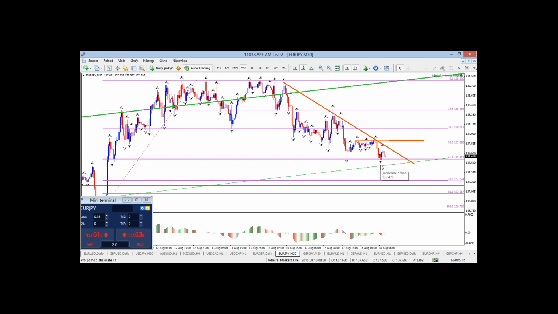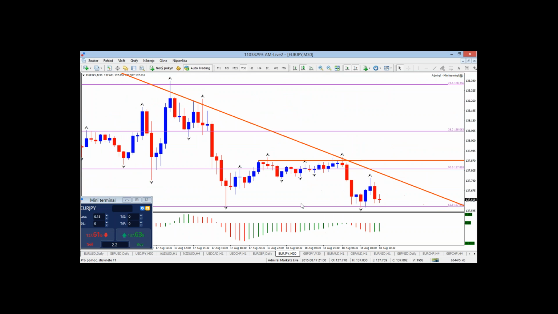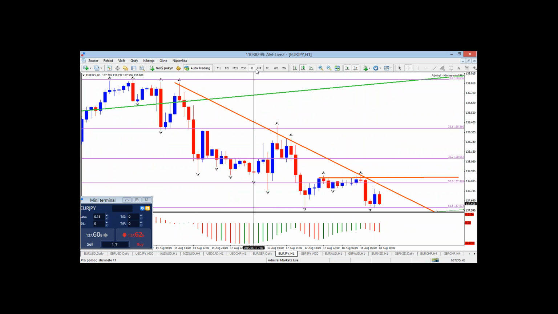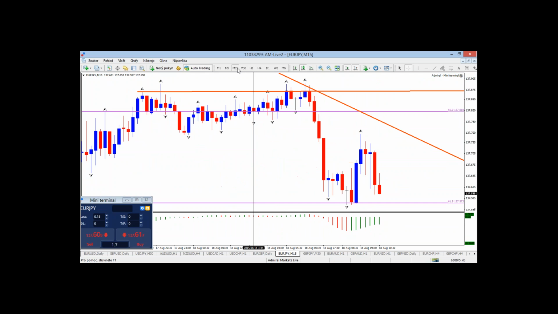So at this moment, price is really threatening this bottom. I wouldn't say it's a double bottom as yet, because we don't have enough price action here to confirm that this is a real bottom. It could be if this low doesn't get broken in the next 2 hours probably.